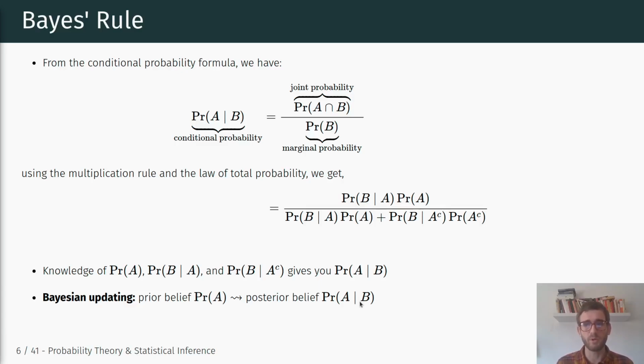So regardless of whether we interpret probability as a subjective belief, Bayes' rule shows mathematically how the knowledge of our prior probability, so the probability of A, as well as the likelihood of observing our data, that's the probability of B conditional on A, so we could think of that as the likelihood, and the probability of B conditional on A complement, so A not occurring, all combine to yield our posterior probability, so the probability of A conditional on B. After having observed our new data, what is our new belief about the probability of A occurring, okay?